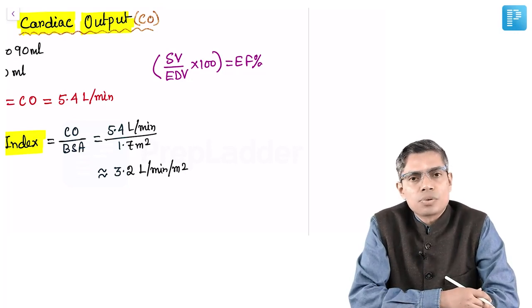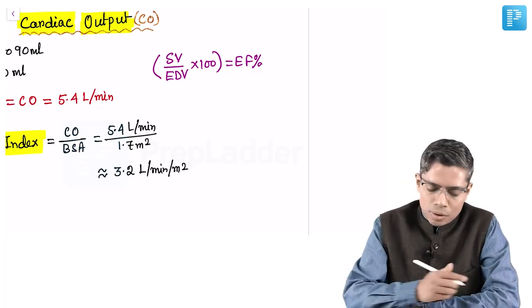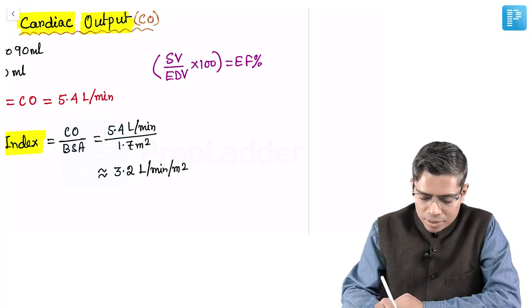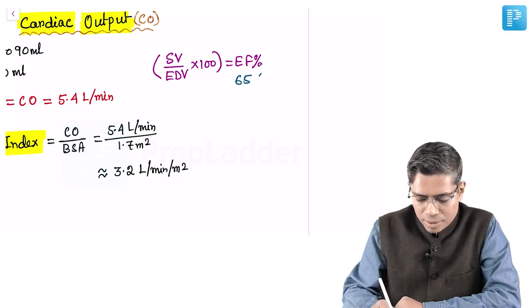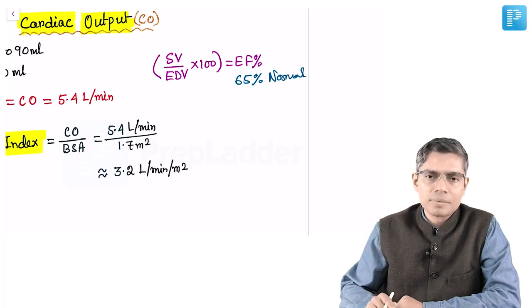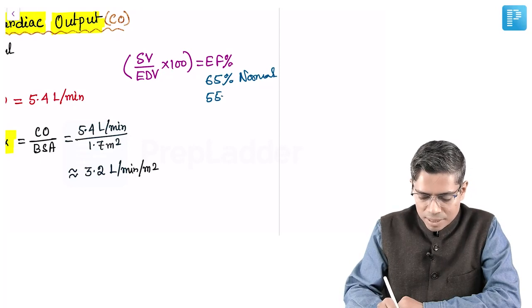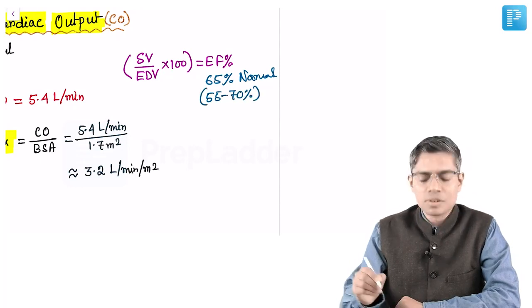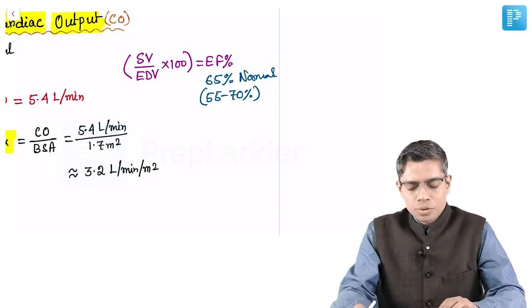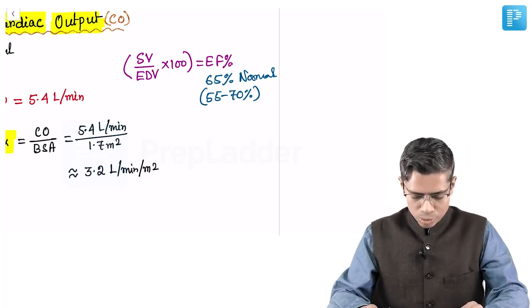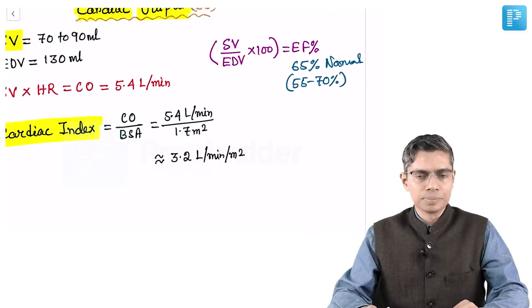Ejection fraction percentage, stroke volume upon EDV, and normally the ejection fraction is 65%. That is the normal value of ejection fraction, although it has a normal range, that is 55 to 70%. So these are some numerical values that you should remember for your MCQ.